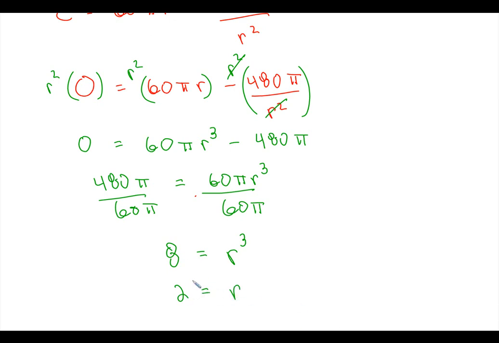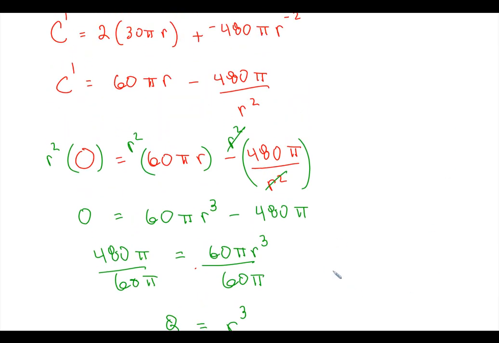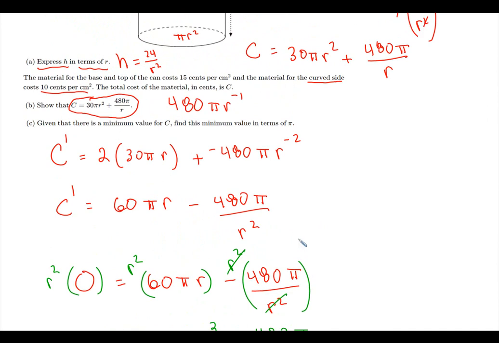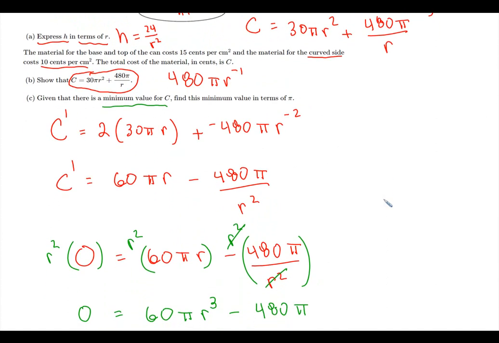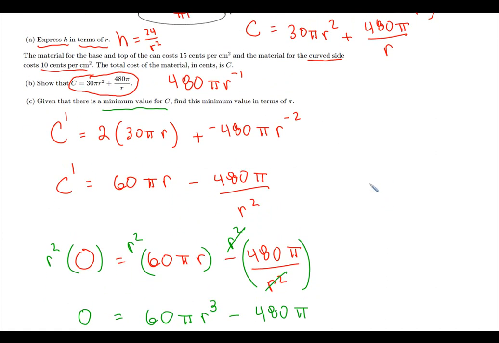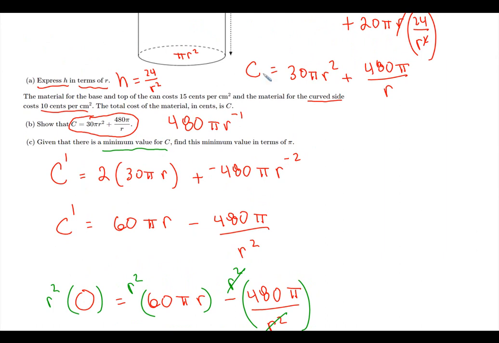Now, once you know what r is, remember the question actually asked us to find the minimum value of C. So plug r into the cost function. The cost is 30 pi times 2 squared, which is 4, plus 480 pi divided by 2.